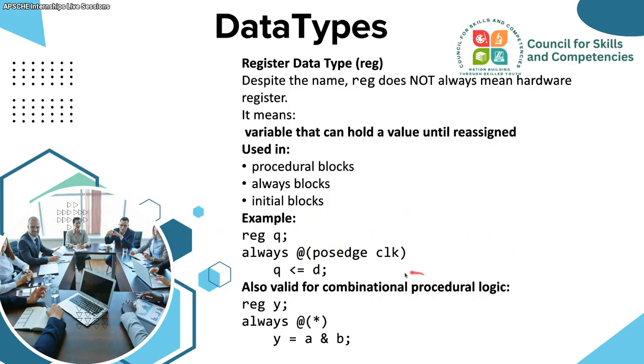This is also for the combinational procedural block. We can give a, b and so on, but sometimes we might forget an input, so if we give this wildcard, it will take all the signals.